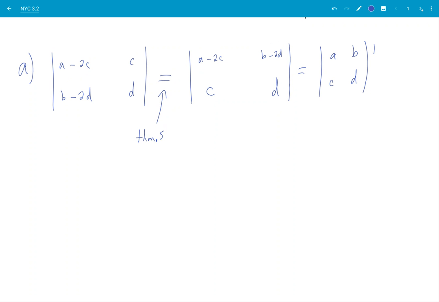And to do that, I go row 1 plus 2, row 2. I do a replacement. And that does not change the determinant either. And then, okay, I'm back to my given information, which is, so this is just 7 as well.